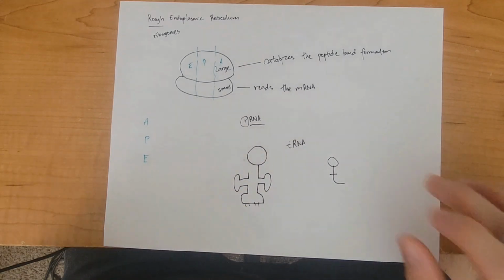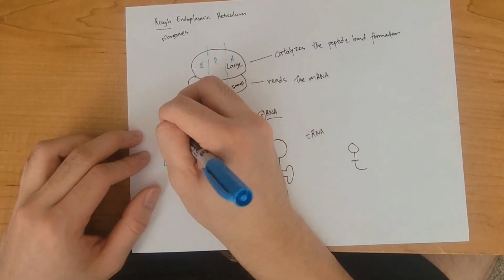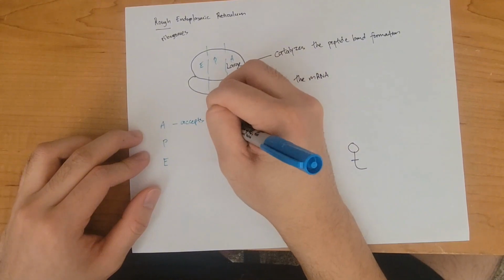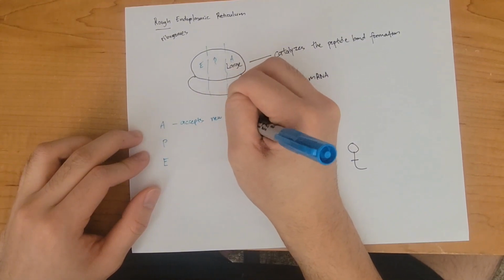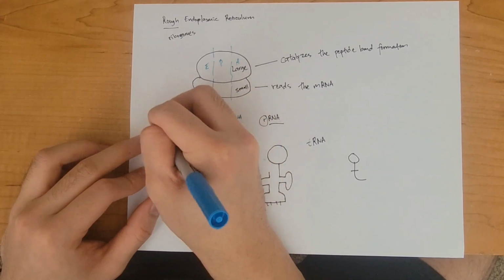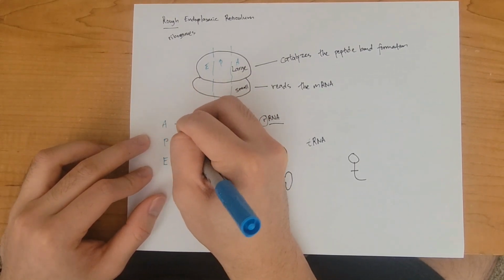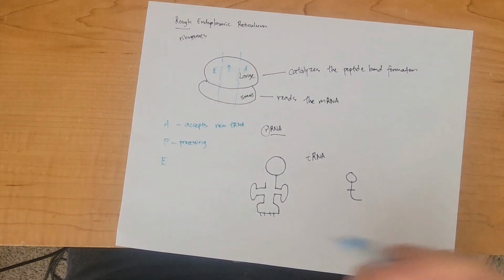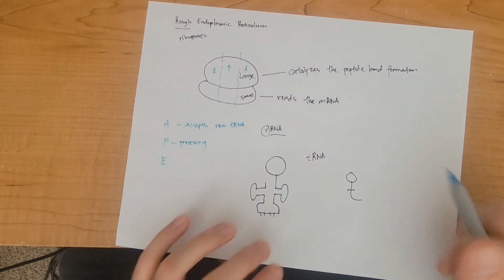Now, what's the main difference between the three? The A site basically accepts new tRNA with the new amino acid. And then P is processing, or holding the tRNA with the amino acid until a new amino acid comes in.